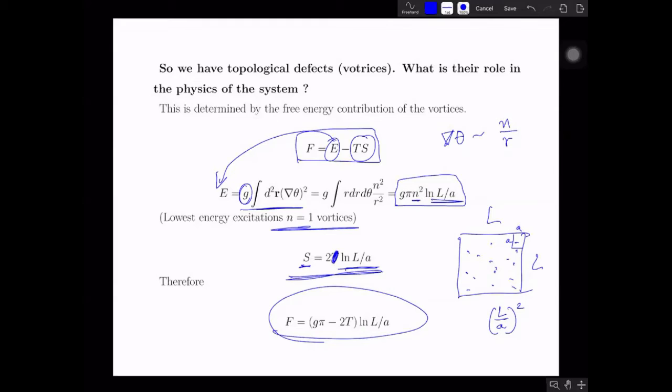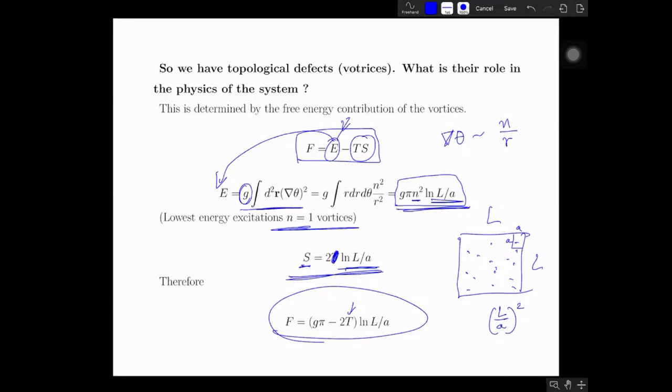So this is the temperature. If I am at a low enough temperature such that this is positive, then the energy term dominates, and I don't want to have vortices. Whereas if the temperature is large, the entropy dominates. This is nothing to do with the vortices; this is a general feature of statistical mechanics systems.